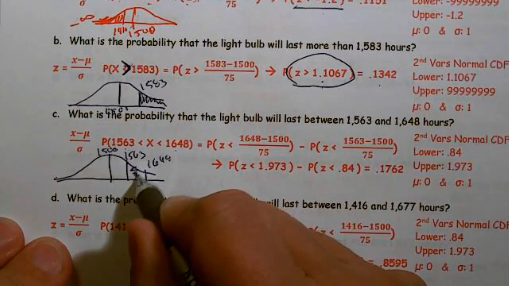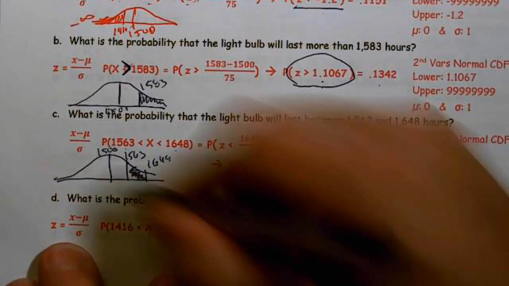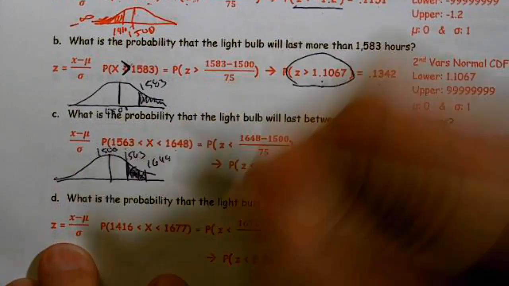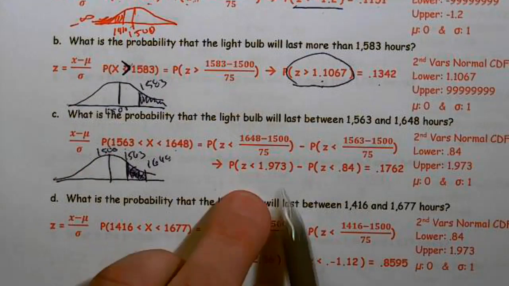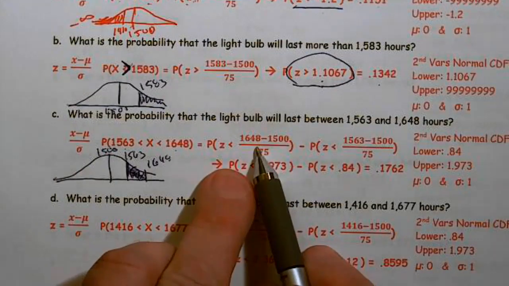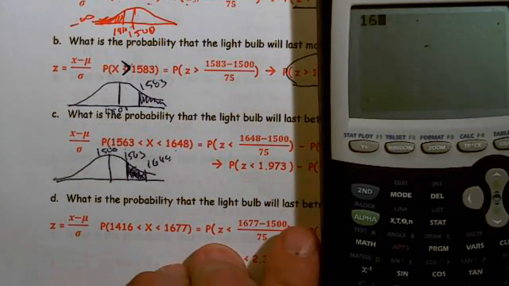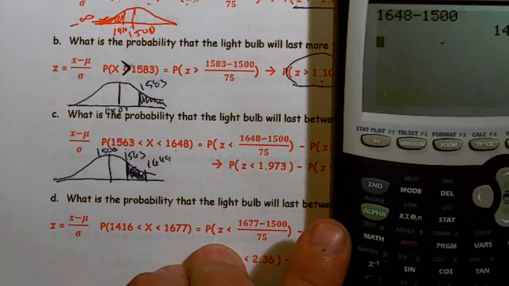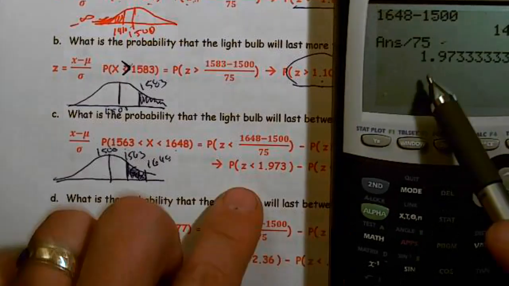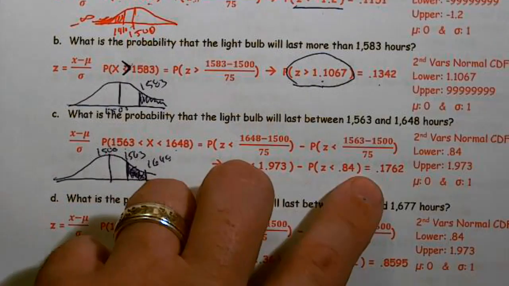So I'm interested in the area of this shaded portion. I have to calculate two z-scores, and I always start with the largest first. So 1,648 minus 1,500 divided by 75, and I end up getting 1.973.